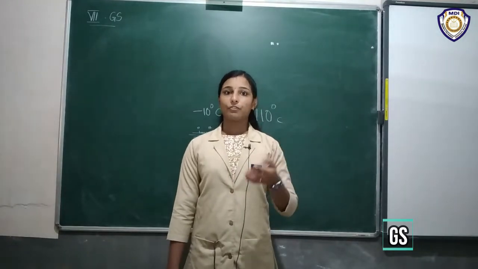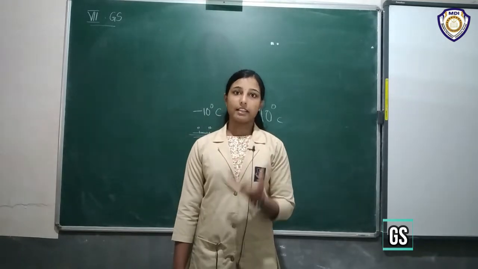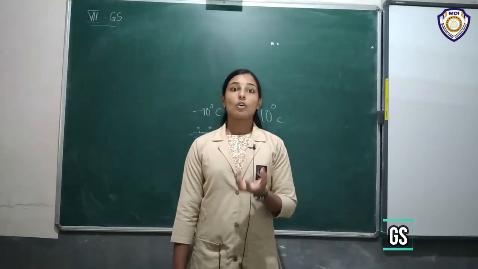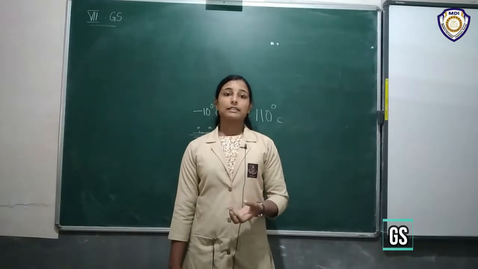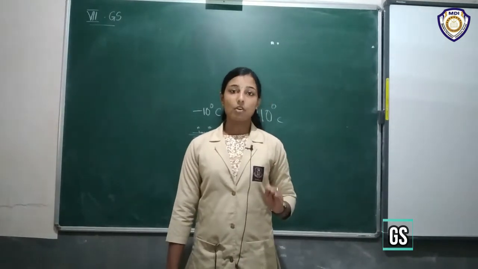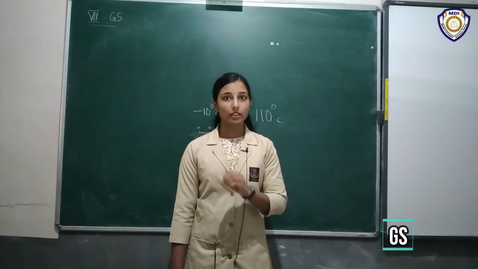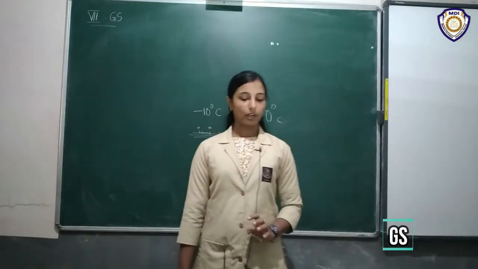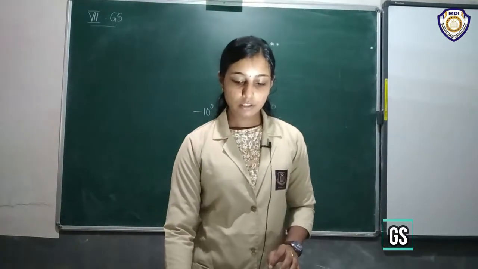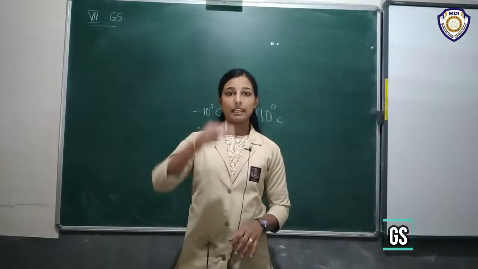So we cannot get the actual temperature of the water inside that beaker. So if you want the actual temperature of that water only, you have to place the thermometer carefully. That means the bulb does not touch the container. Okay. So we can find the mercury level will increase.